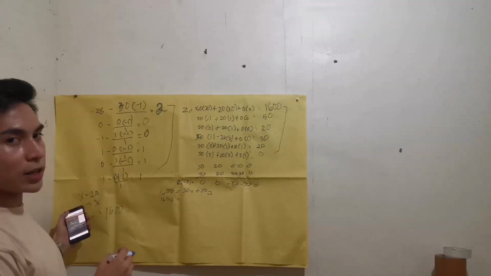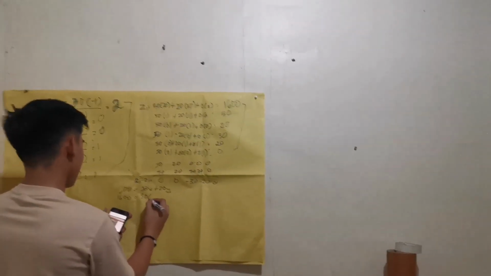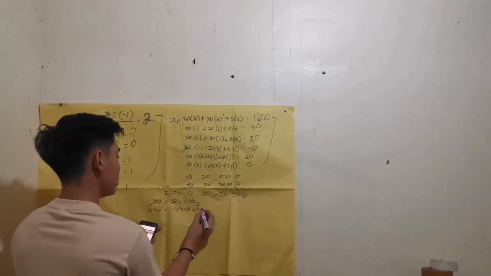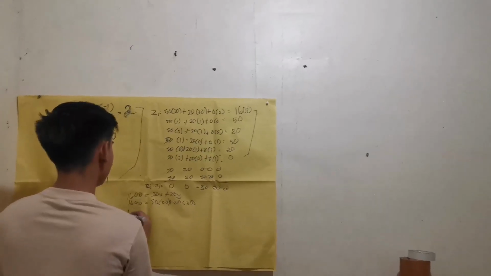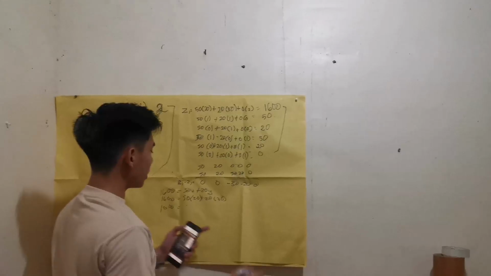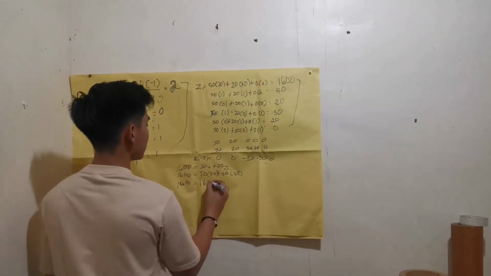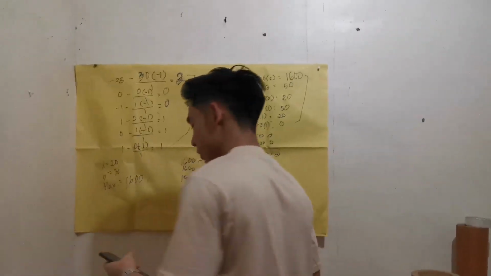I-substitute lang natin yung mga x and y values. So 50 times 20 plus 20 times 30 is 1,600. So equal siya. So tama yung nasagutan natin.